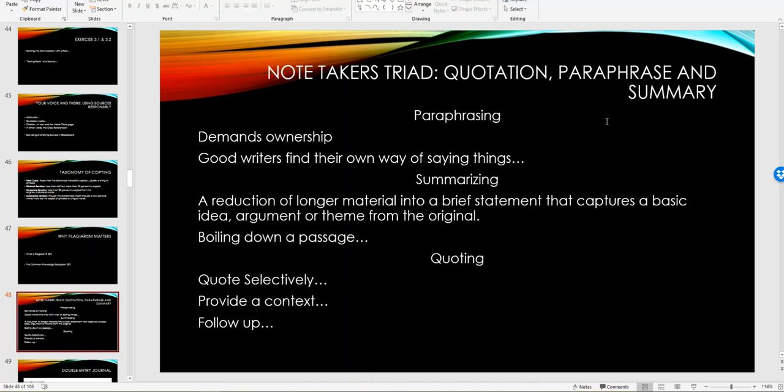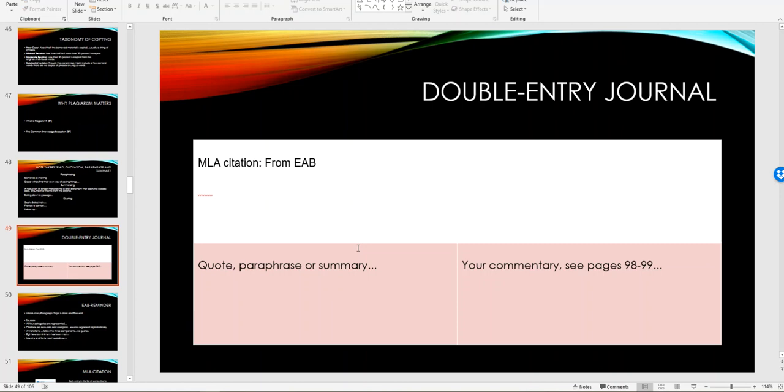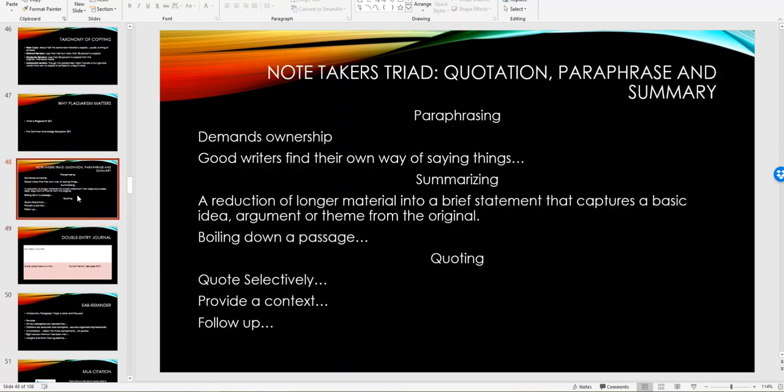You find a source, you provide a citation, you look at who the author is, you summarize the source, and then you turn around and provide a contribution and a relevancy to your particular research project. That's great. But when you start weaving it into the essay, this is where the skill basically begins, right? So that is what's called the note taker's triad.